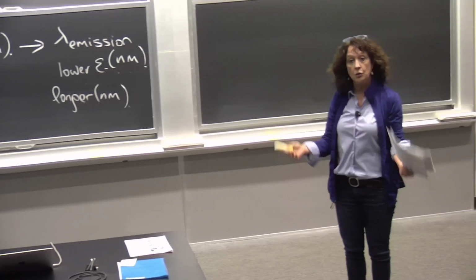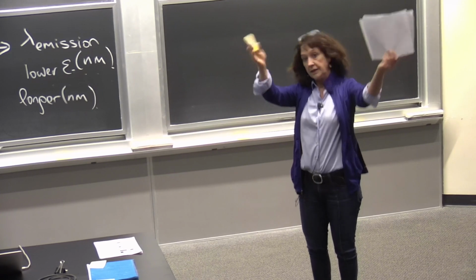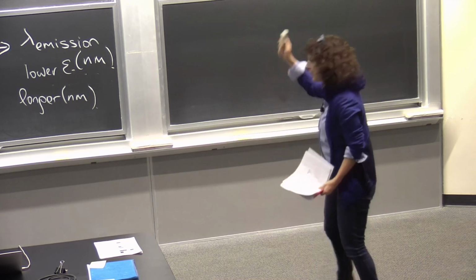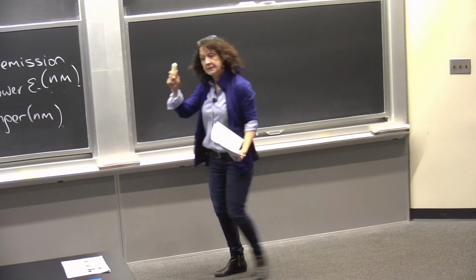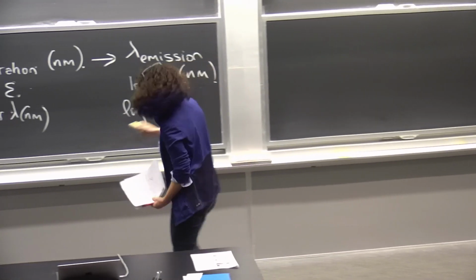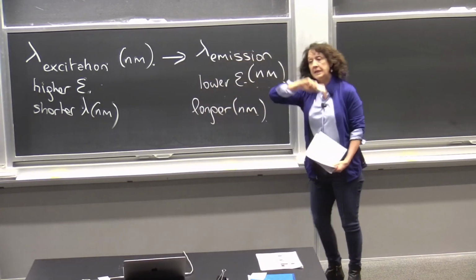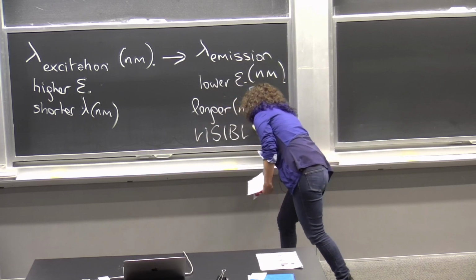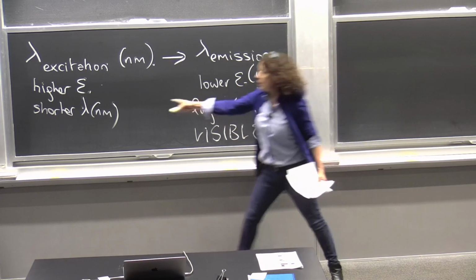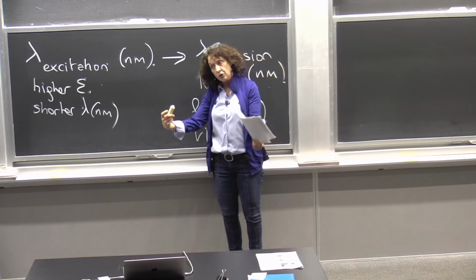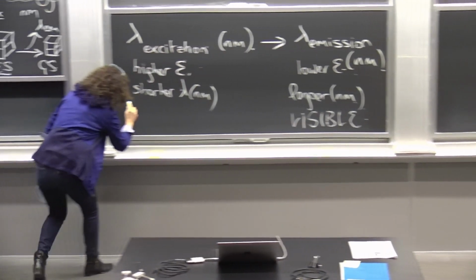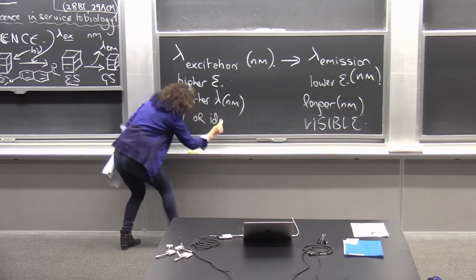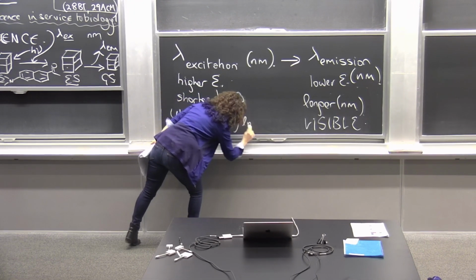When you excite a molecule, you'll take it to the excited state, it'll sit and vibrate there a little bit, then it will kick back energy out at a longer wavelength. And for the majority of the fluorescence experiments that we do in biology, the wavelengths that you see emission at are in the visible range, whereas the wavelengths that you might excite your molecule at are often in the UV or a bit longer, ideally longer.